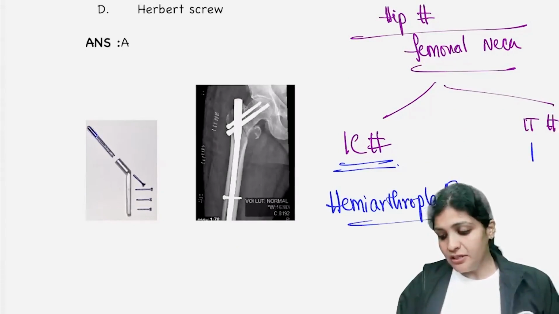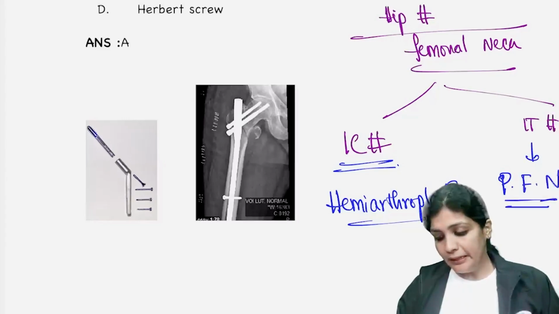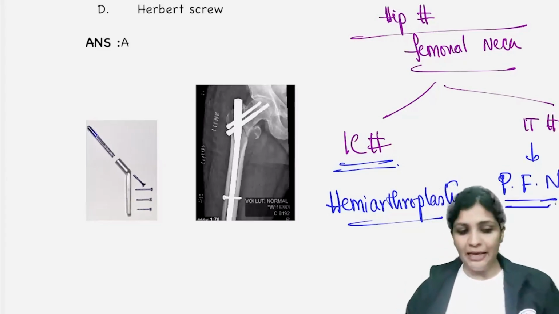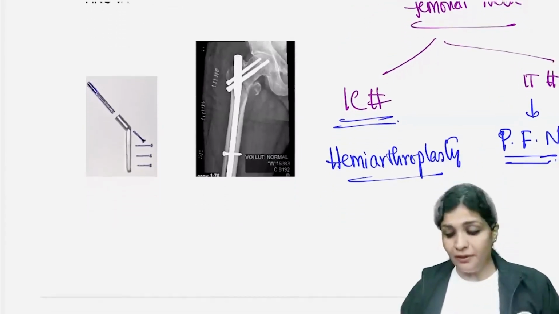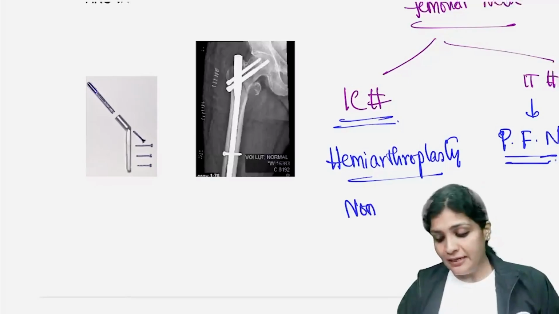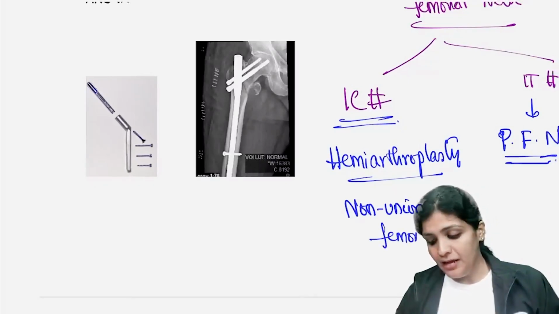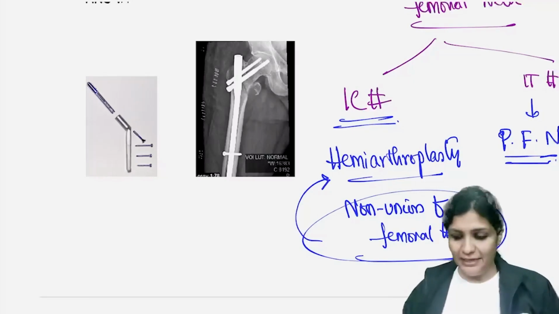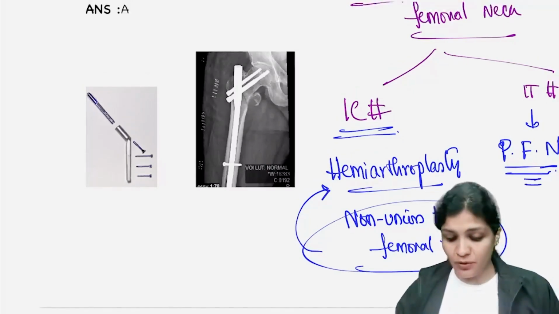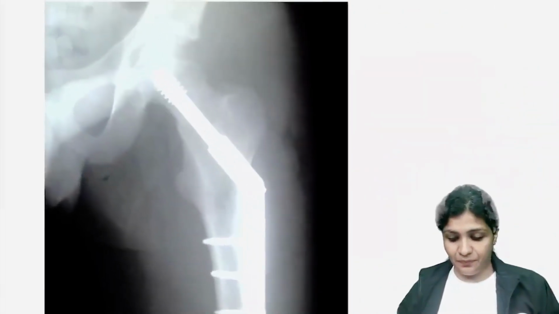This IT fracture is treated by proximal femoral nailing, right? Hemiarthroplasty and proximal femoral nailing are two different things. You have to always remember the IC fracture has a complication of the femoral head, right? So whenever there is a non-union case of the femoral head, you again treat it with hemiarthroplasty. But IT fracture you treat with PFN.